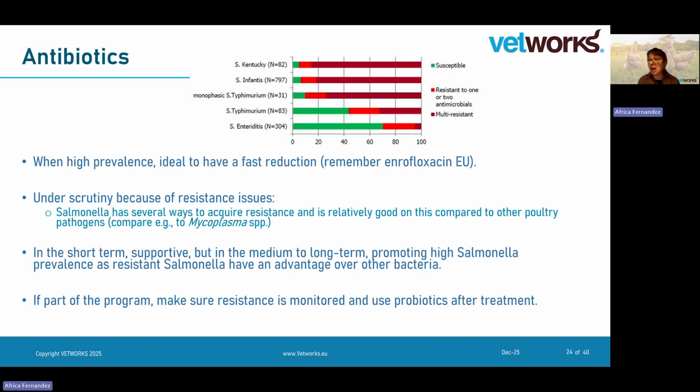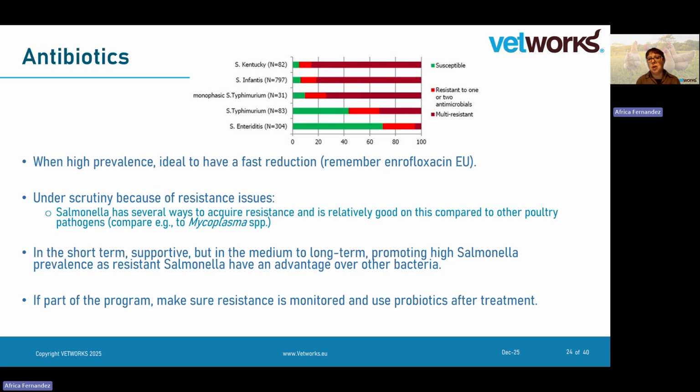it should never be a long-term, or even a medium-term strategy, because, as I mentioned, Salmonella has been discovered to be a bacteria that is able to carry a lot of genes that make it resistant to many antibiotics that could also be critical for human health.